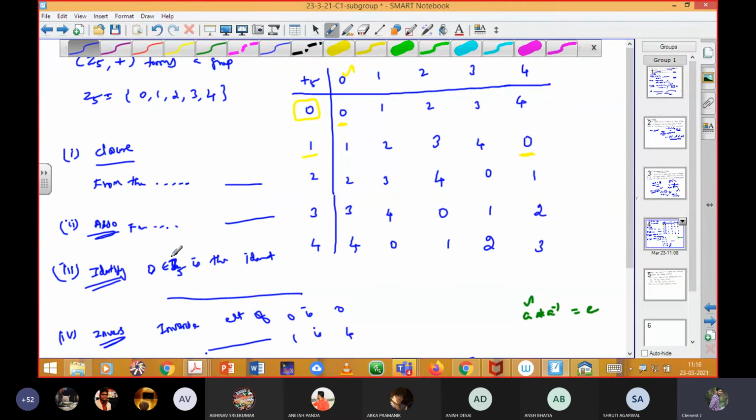Now one more question: is it an abelian group or not? Yes, sir, because the commutative axiom is certainly true for this. Clear? Have you got it?